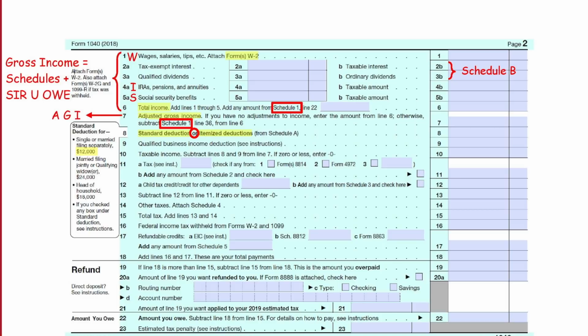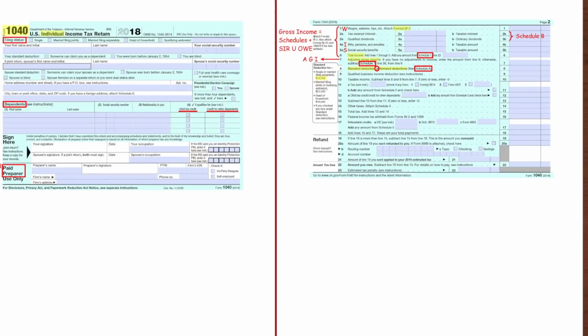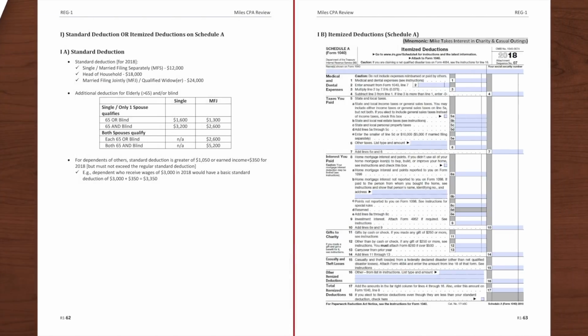So once again, the individual taxpayer either uses a standard deduction or itemizes deductions. Now, if the taxpayer chooses to itemize deductions, that's when the taxpayer fills out Schedule A. Put a box around Schedule A. To take a sneak peek into Schedule A, turn many pages forward till you get to page number 63.